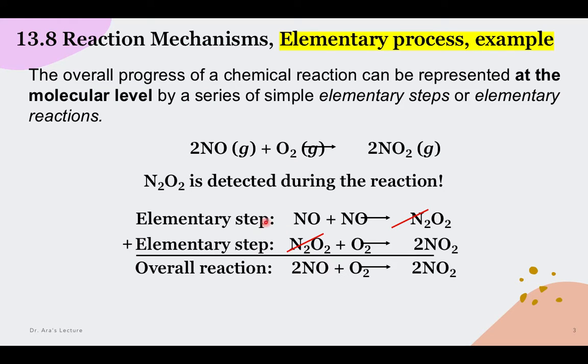Every single step of this reaction mechanism is called an elementary step. We didn't see this in the beginning of the reaction as a reactant, and we did not see it in the product either. So these are transitionary and temporary, and they happen during the events of the total chemical reaction from beginning to end. It is produced and then it is used up.